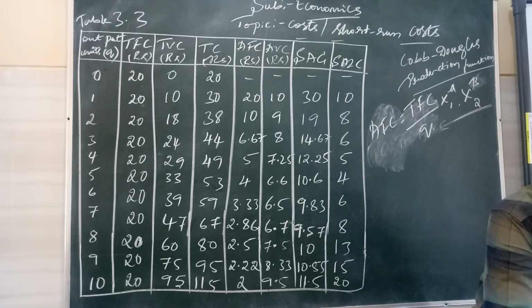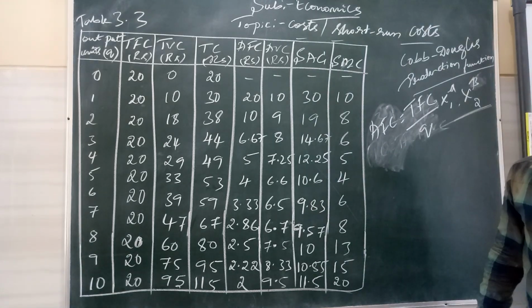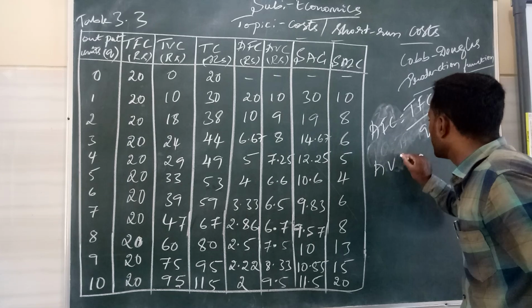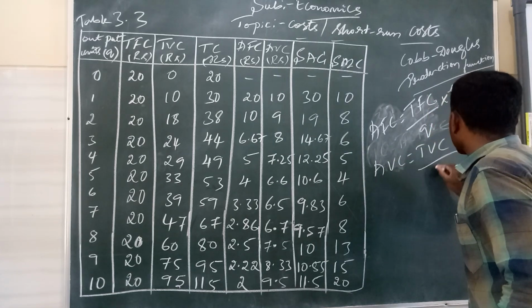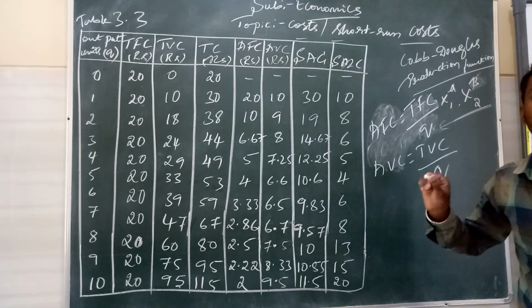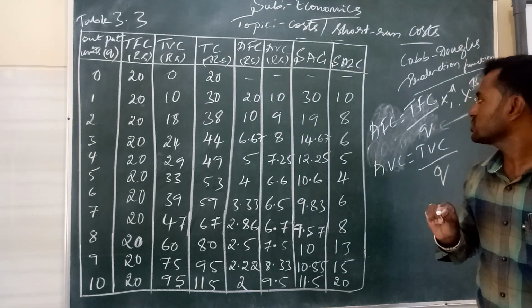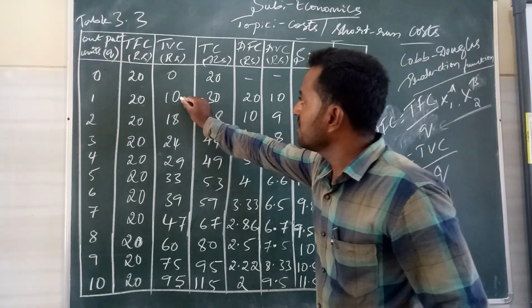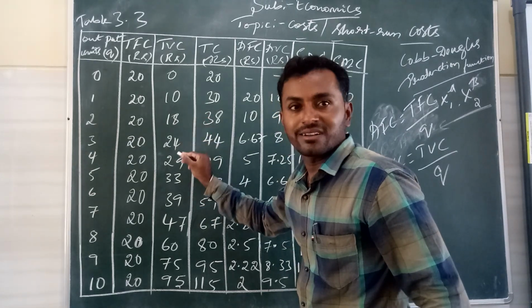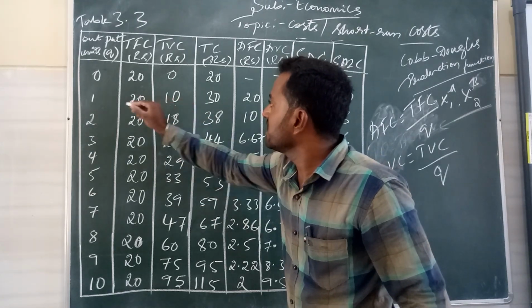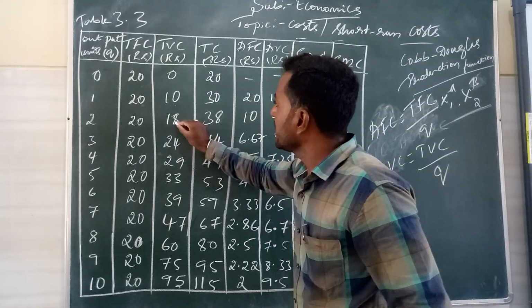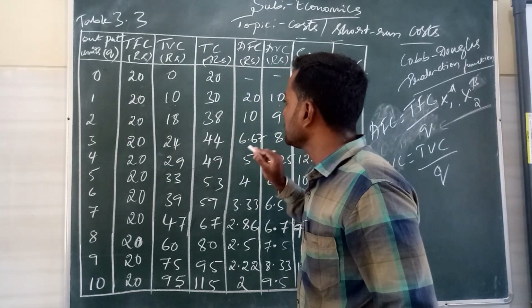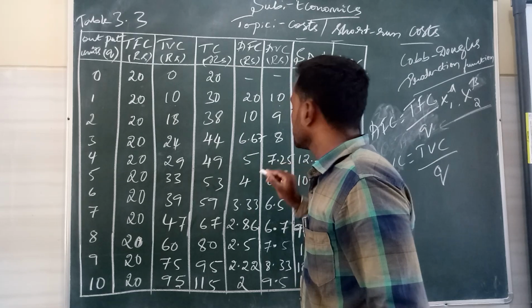The formula is AVC is equal to TVC divided by Q. Understood? See, these are the values of our total variable cost: 10 divided by 1, 10; 18 divided by 2, 9; 24 divided by 3, 8; 29 divided by 4, 7.25.